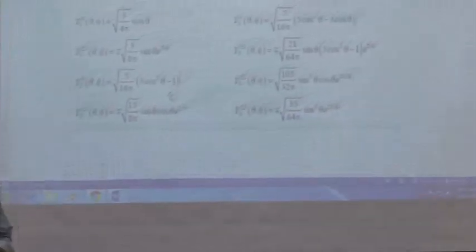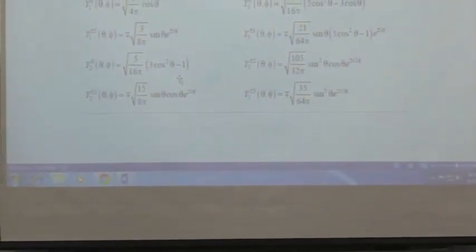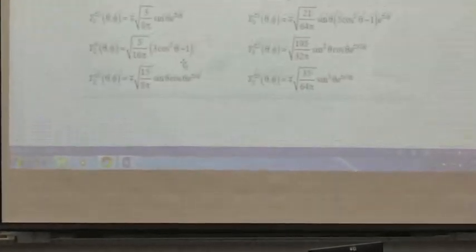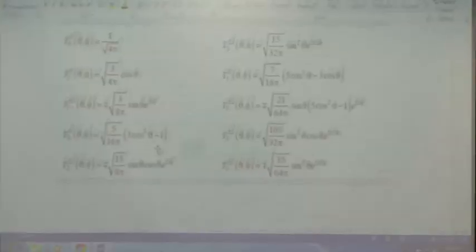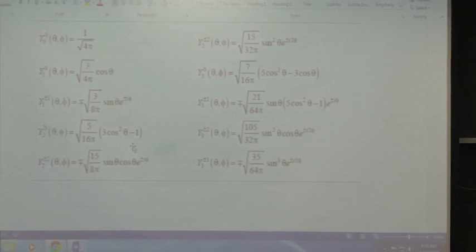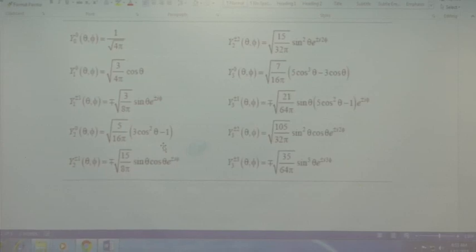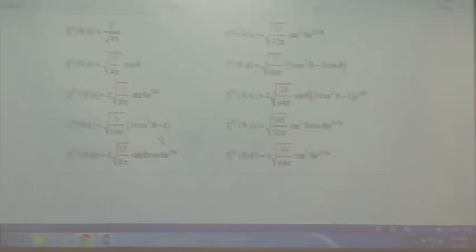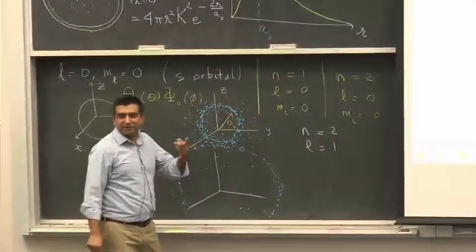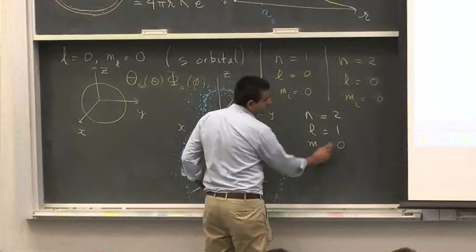Would there be, for n equals 2, L equals 0, ML equals 0? But for L equals 1, ML equals 0, there is going to be a node. Okay, let me first answer the question. What if n equals 2, L equals 1? N equals 2, L equals 1, ML equals 0.